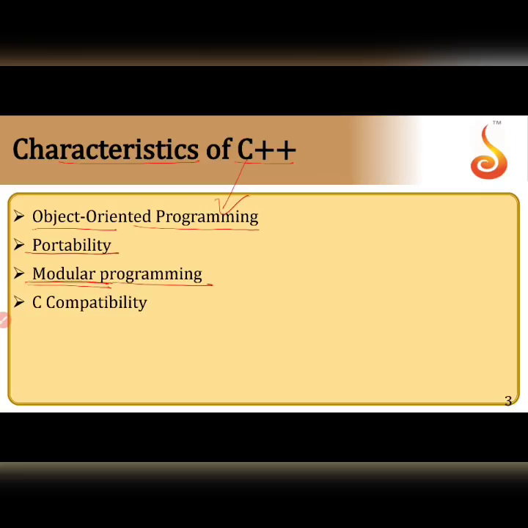It means that you can combine or link separately compiled source code files to form an application, wherein you can write and compile once and reuse it any number of times depending on your requirements. The last one is C compatibility. When I say compatible, a code written in the C language can be a part of a C++ program. That is what it means.